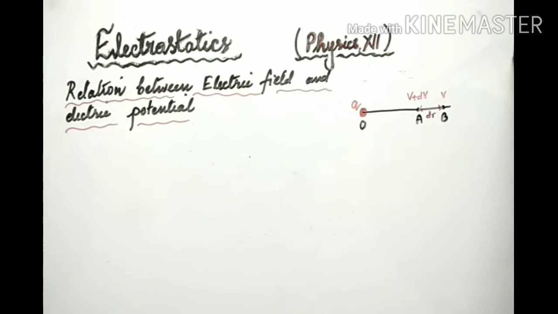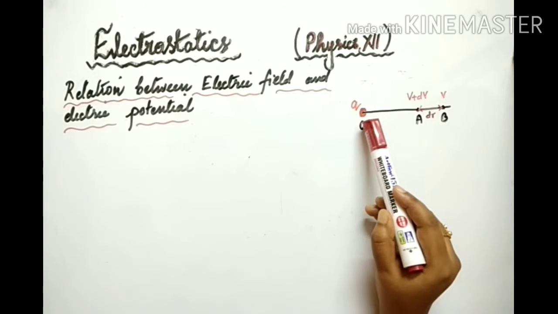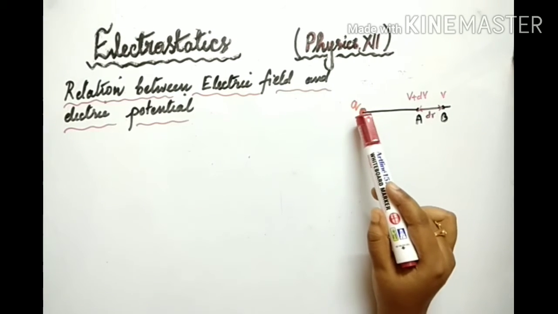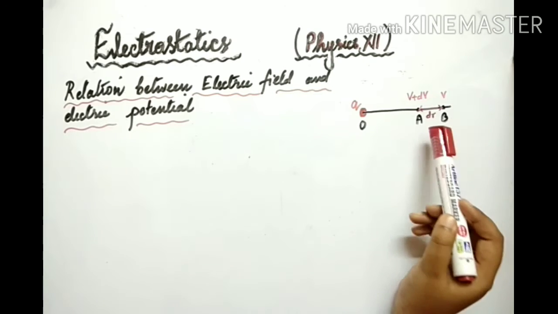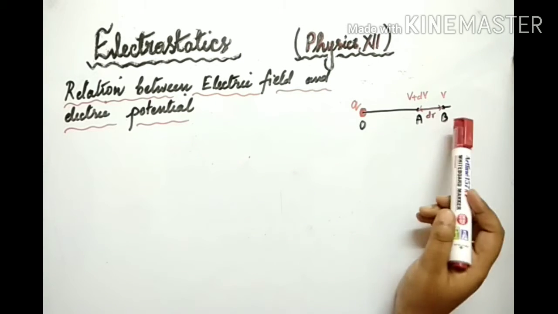Now we will be discussing the relation between electric field and electric potential. So for this, let us assume a charge is kept at the point O, which is a point charge Q, and we consider points A and B nearer to it.